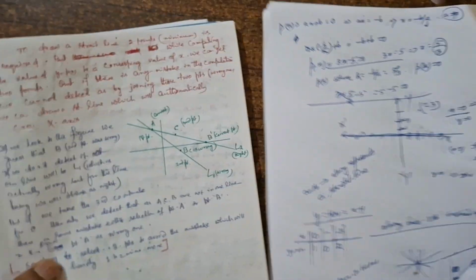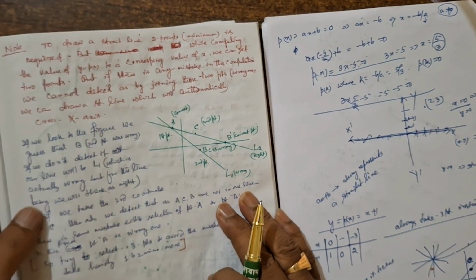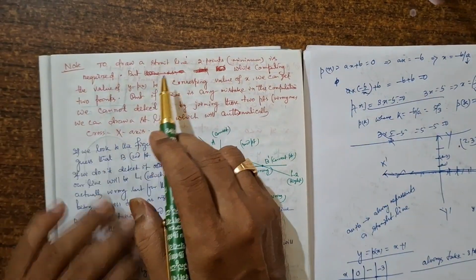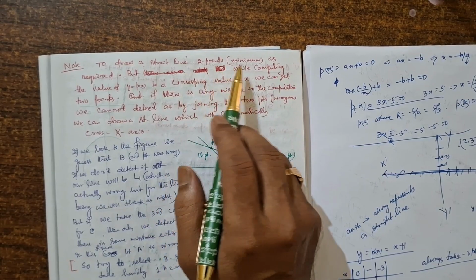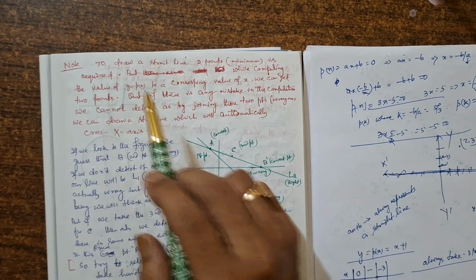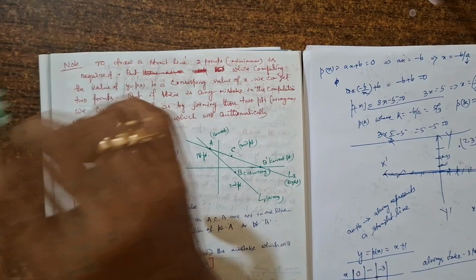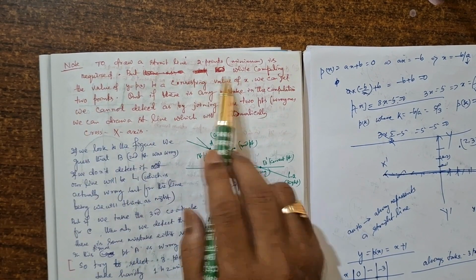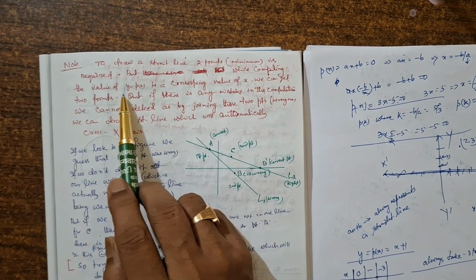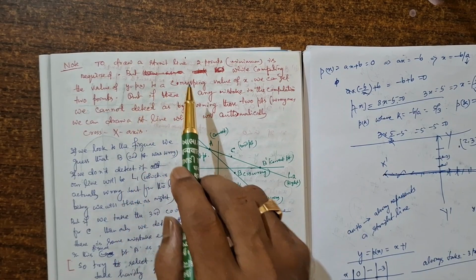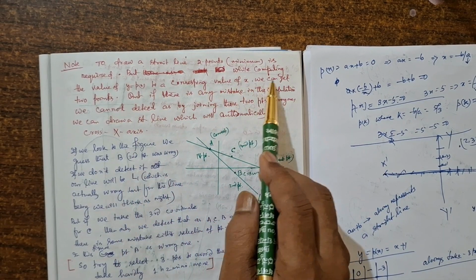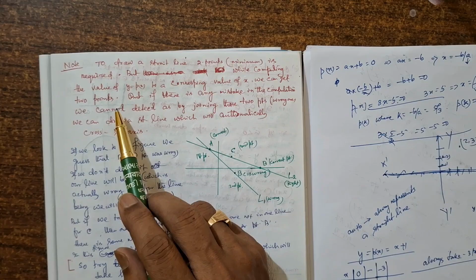Now another point. To draw a straight line, 2 points minimum are required. But while computing the values of y equal to p(x) for a corresponding value of x, we can get 2 points.